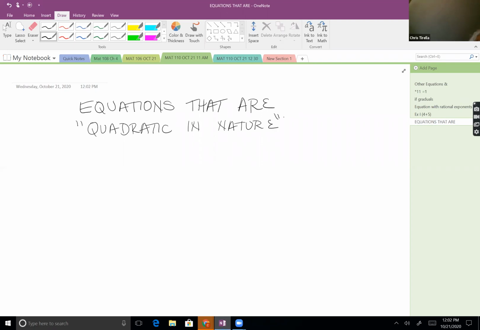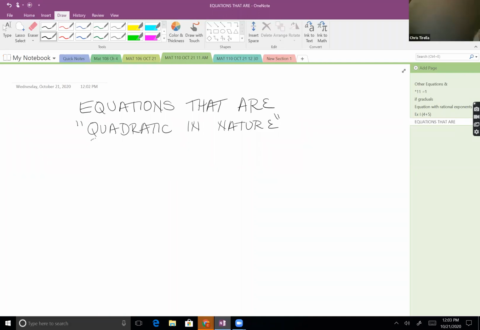And so we're going to go through and take what we did in the preceding section, solving quadratics, and apply them to equations that when you first look at them, you might not think they're quadratic, but we can gently massage them to make them quadratic.